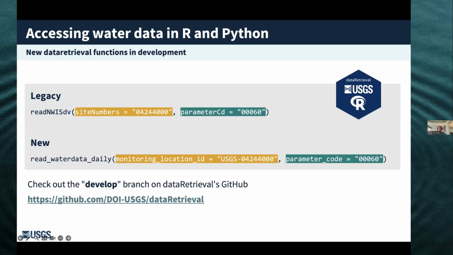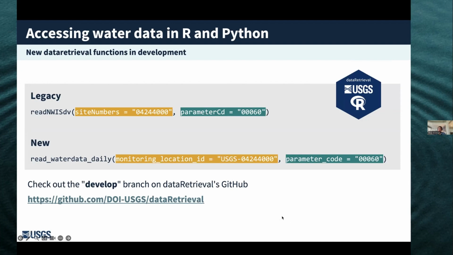So let's pause for a moment on a comparison between read_enlist_dv and read_water_data_daily, which is currently available for you to use. Similar to Mike's slides earlier, we can see that not only will the function name change, but the input names and parameterization of those inputs will change as well. For example, read_enlist_dv expects a string of numbers to represent the site number's input, while read_water_data_daily has an input called monitoring location ID that takes the agency name and the string of numbers separated by a dash.